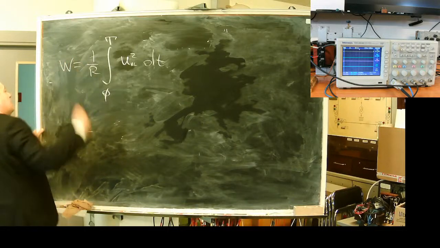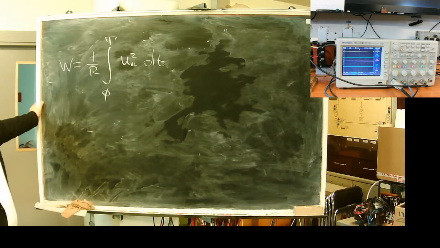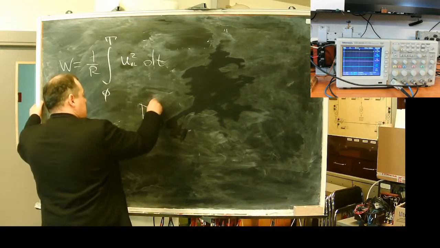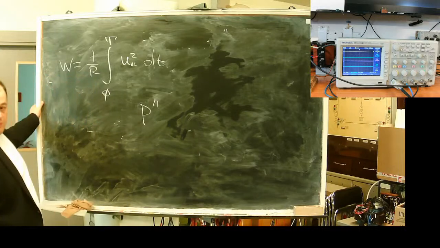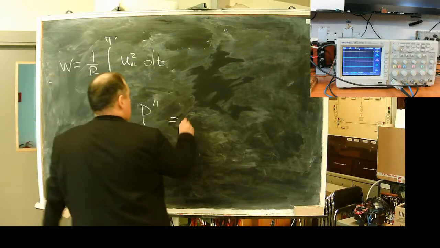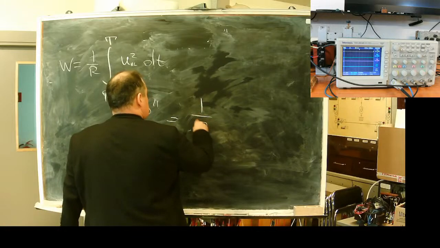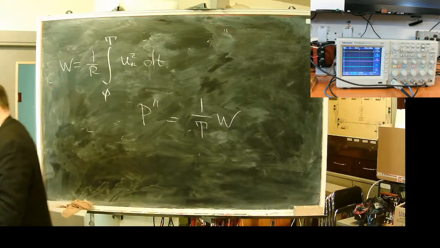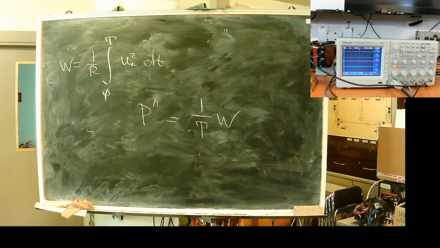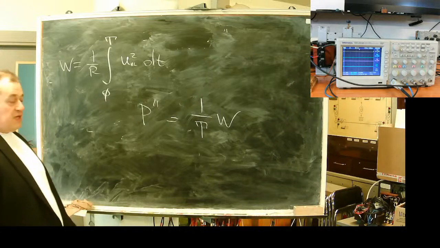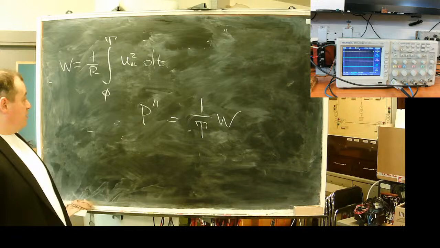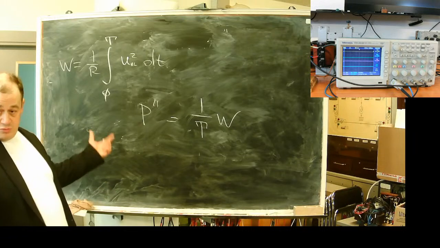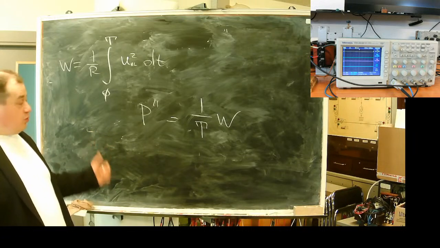In fact, it's an energy within a period. Power is in watts. What is 1 watt? 1 joule per 1 second, so 1 against T by this law. Why? Simple. We divide the energy produced within a time period by this time period to get energy flow in joules per second.